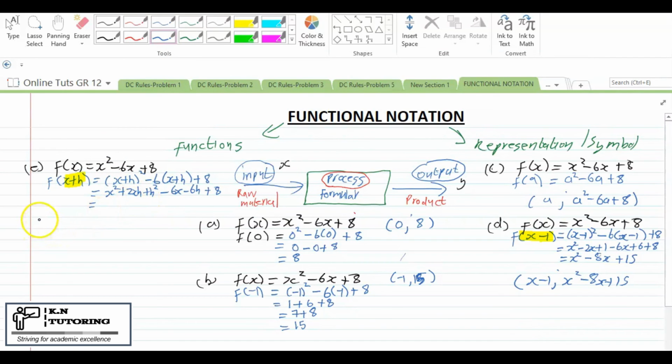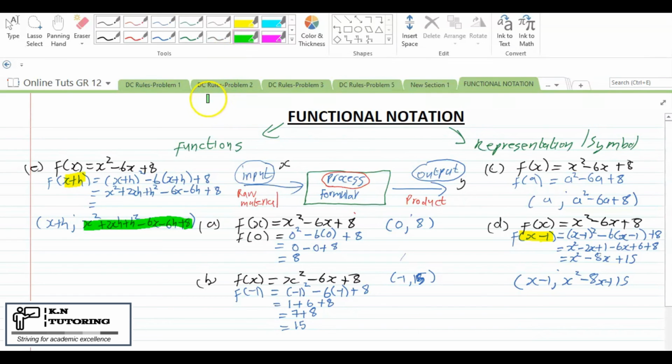So it means my x coordinate will be x plus h, and my y coordinate will be x squared plus 2xh plus h squared minus 6x minus 6h plus 8. I know that looks a bit scary, but that's a way of writing it, because we don't have the values for x and h.